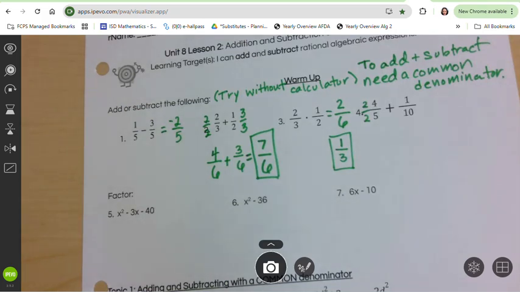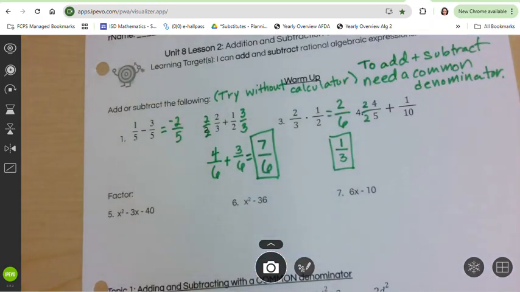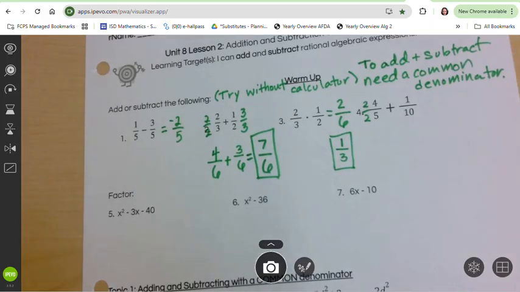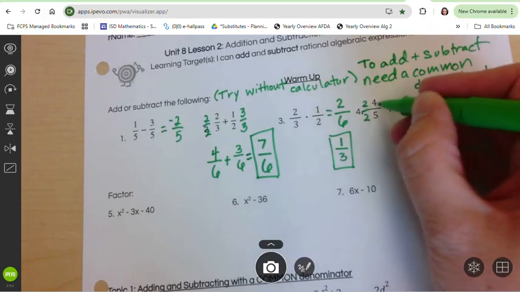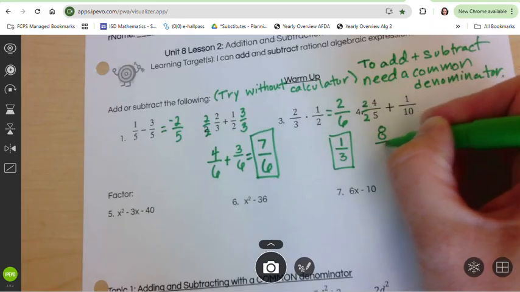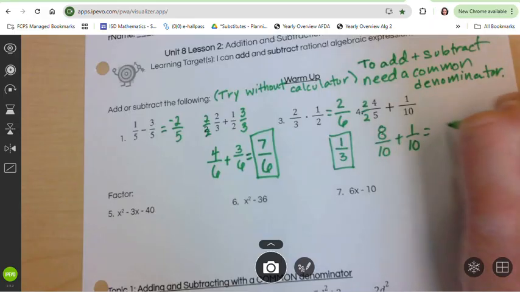Some people who have issues with common denominator, they just multiply by whatever is the denominator of the other number. And you could do that, but then you would have to simplify more in the end. It's up to you. So this does work. We're going to do a denominator of 10. So this gives me 8 over 10 plus 1 over 10. And I add my numerators and I keep my denominator.